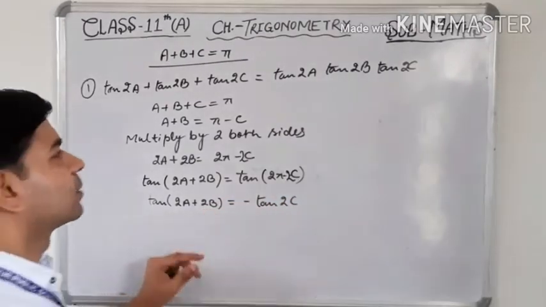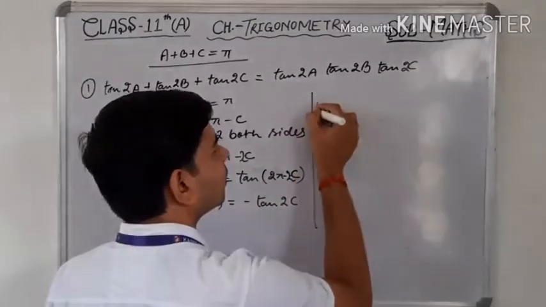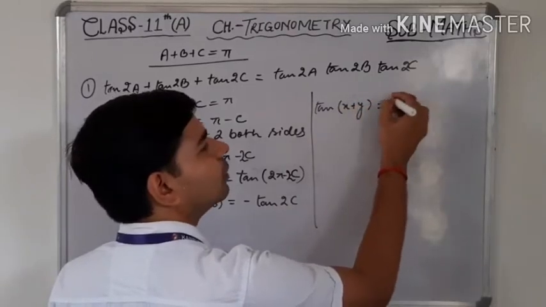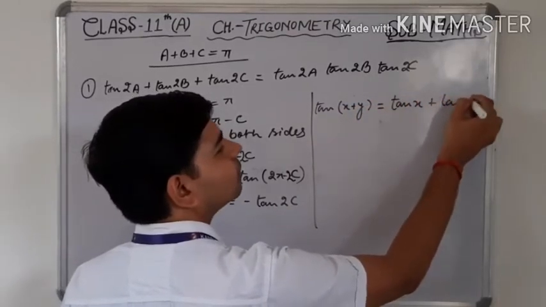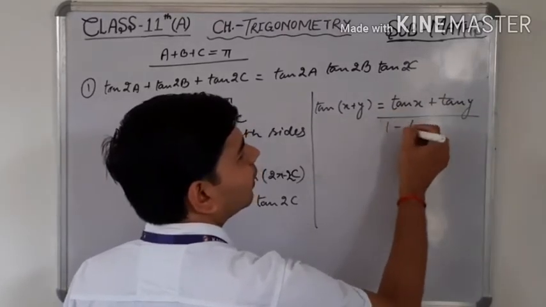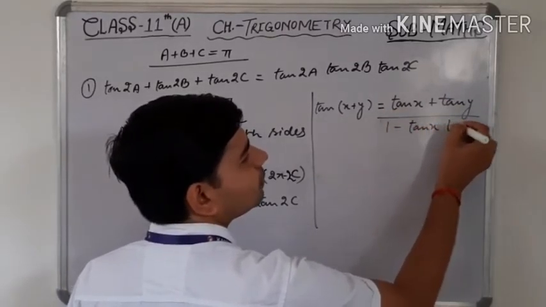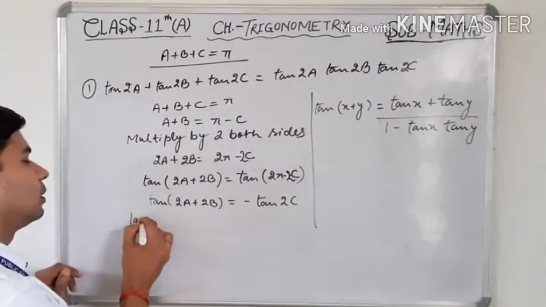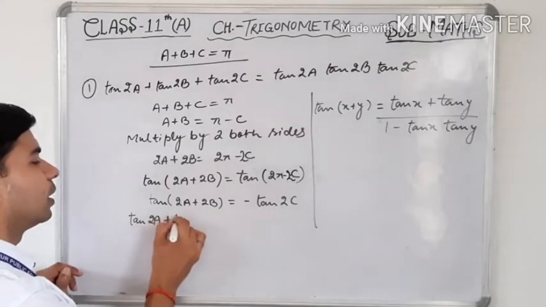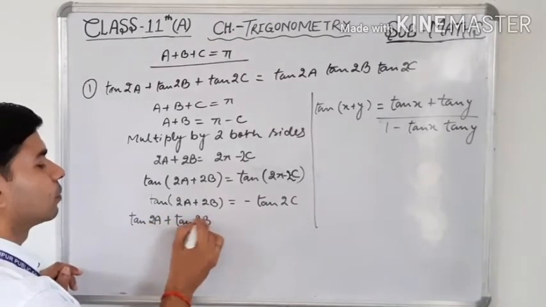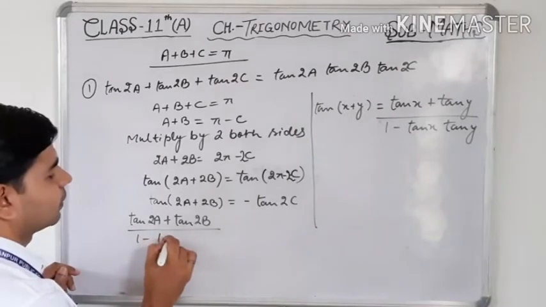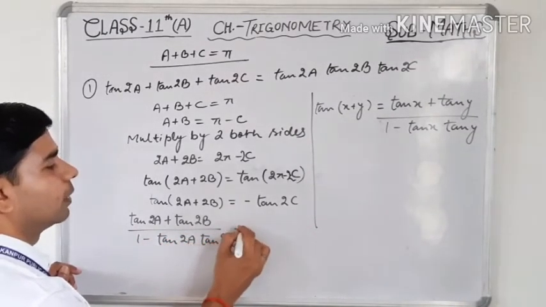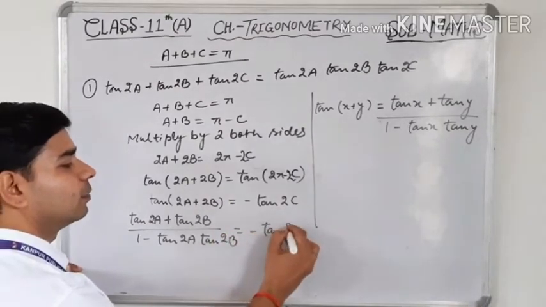Now apply tan x plus y, which is tan x plus tan y upon 1 minus tan x tan y. Using this formula, we get tan 2a plus tan 2b upon 1 minus tan 2a tan 2b equal minus tan 2c.